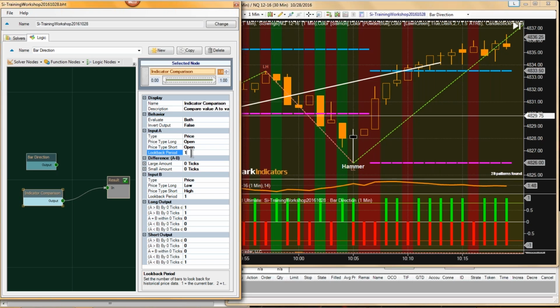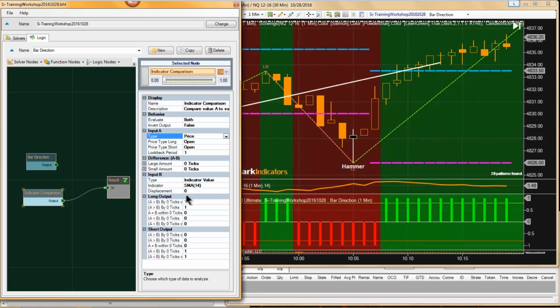Let me switch this over to an indicator value, and you'll see we have a displacement of 1. That's how you can index bar numbers, and displacement starts at 0. So the displacement function indexes at 0, like what you're typically used to for NinjaScript.